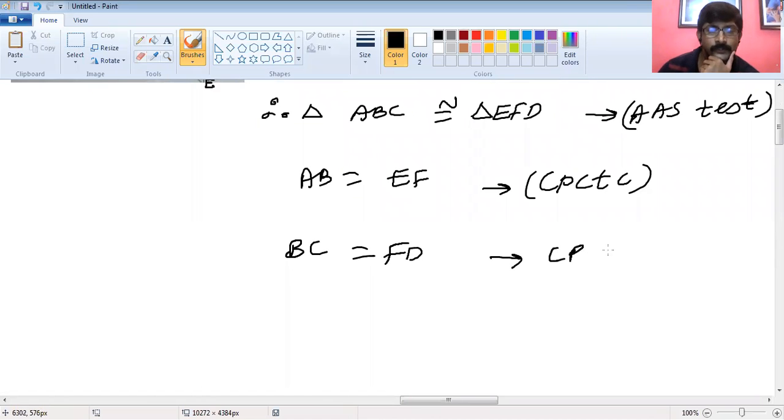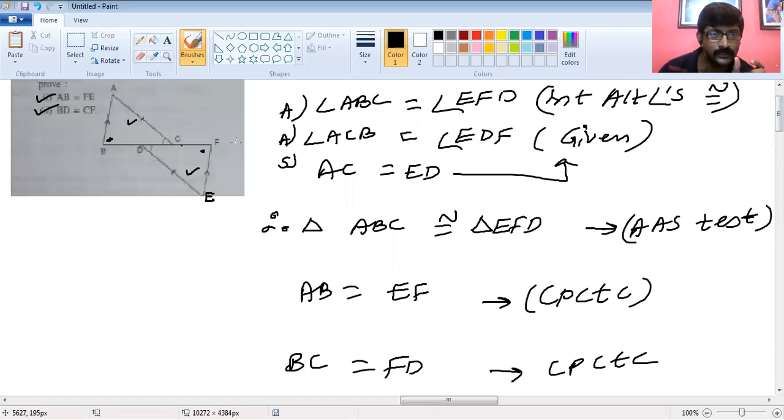बट बच्चों यहाँ पर कुछ तो इंपॉर्टेंट चीज करनी है, प्लीज ध्यान से सुनिए. वाई BC इज इक्वल टू FD लिखते हैं? बिकॉज CPCTC है. बट इन दोनों को BC को कैसे लिखा जा सकता है? BD प्लस CD. देखो हमको प्रूव क्या करना है? BD इज इक्वल टू CF प्रूव करना है. BD इज इक्वल टू CF प्रूव करने के लिए क्या करना पड़ेगा? BC को स्प्लिट करेंगे, BD प्लस CD.